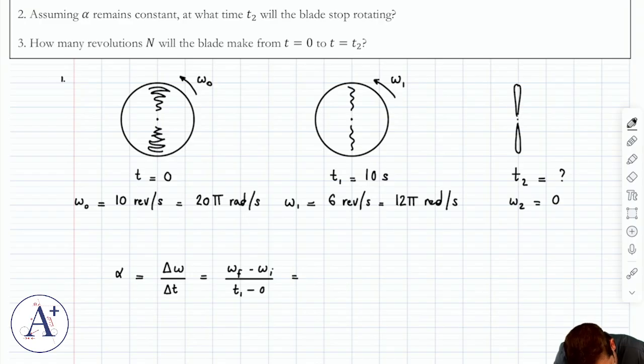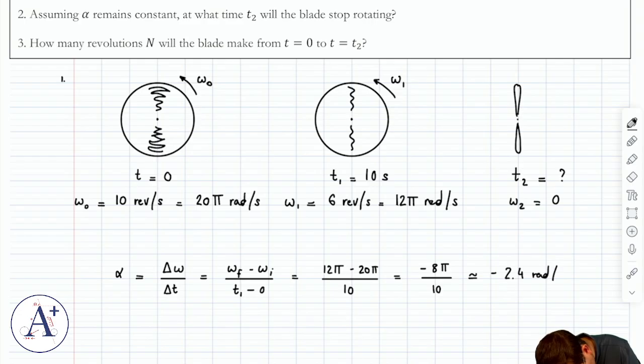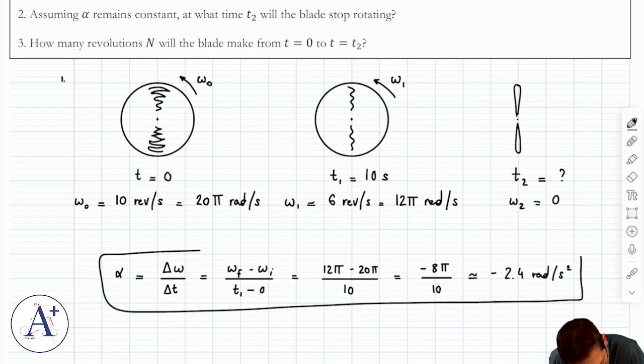Omega final is omega 1, that's 12 pi, minus 20 pi, divided by 10. That equals minus 8 pi over 10, and if pi is approximated as 3, 3 times 8 is 24, so this is minus 2.4 radians per second squared.